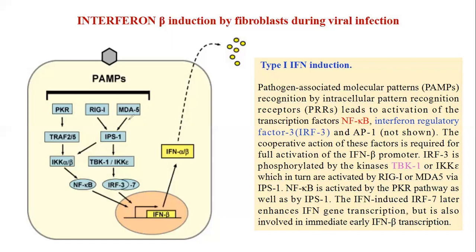These are associated via IPS, which means interferon beta promoter stimulator 1. In association with IPS 1, you can see NF kappa B is activated. This particular pathway is known as the PKR pathway, meaning protein kinase R pathway.